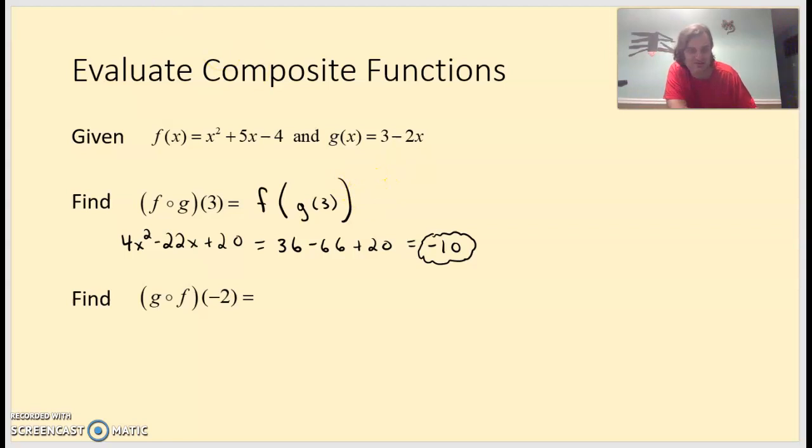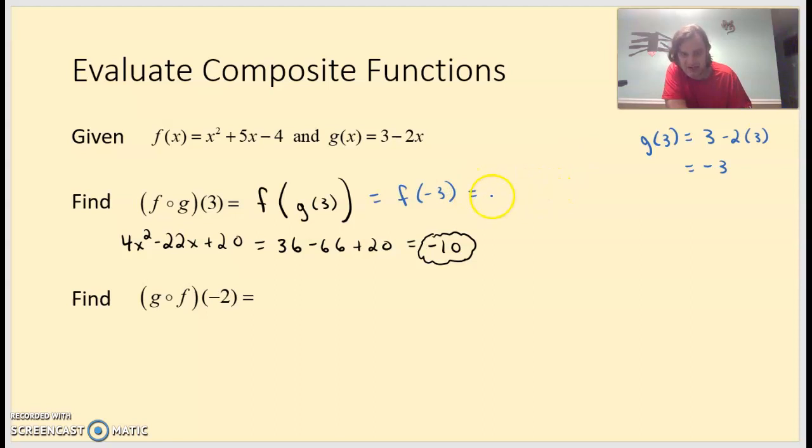But let's do the same thing off to the side and do it a little bit differently up above. So one thing I talked about here was I need to find g of 3. If I do it a little bit differently, it would be 3 minus 2 times 3, which would be 3 minus 6, so minus 3. So basically, if I continue on my first line, f of g of 3, I would be doing f of negative 3.